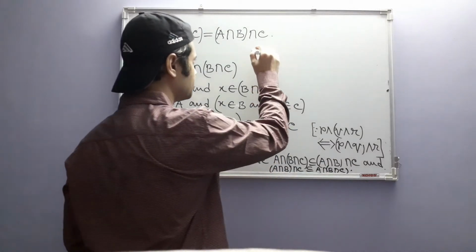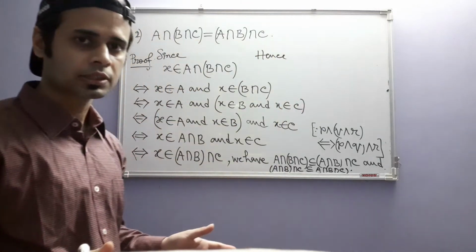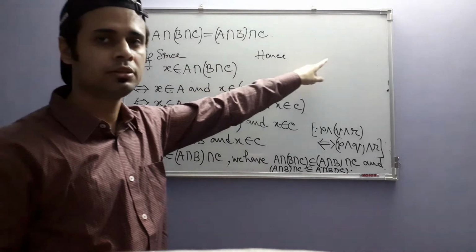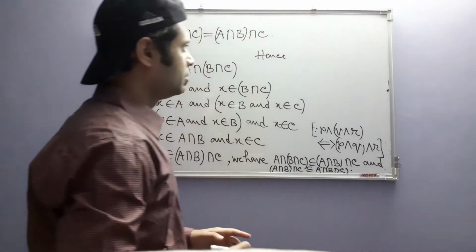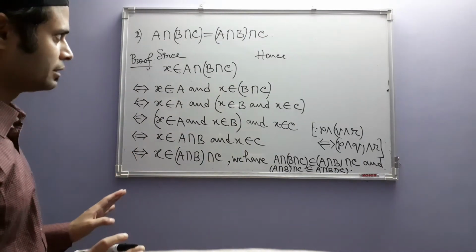If I continue from here, hence, by the principle of extensionality of sets, these two are equal. Although we don't write that, we know. Okay, some things which are extremely obvious are not written, not more than once.